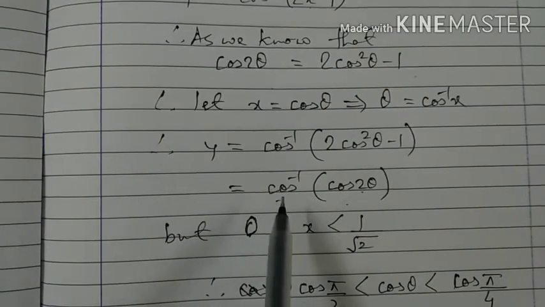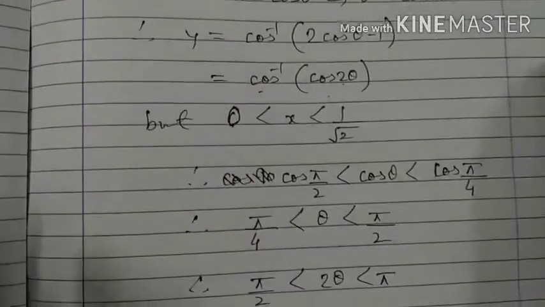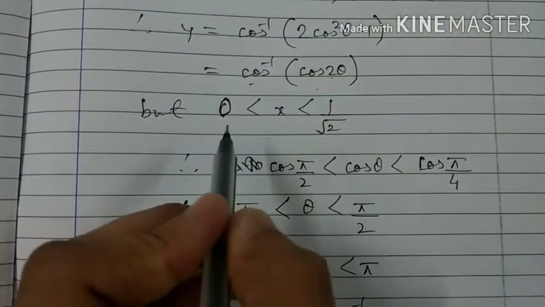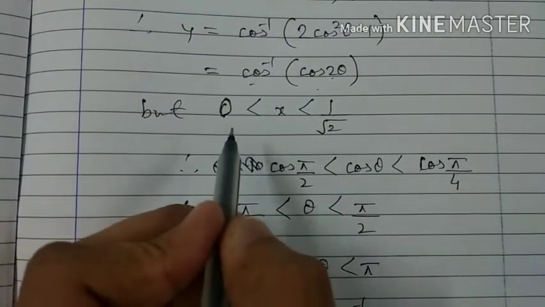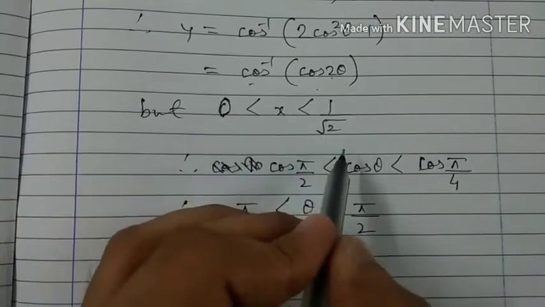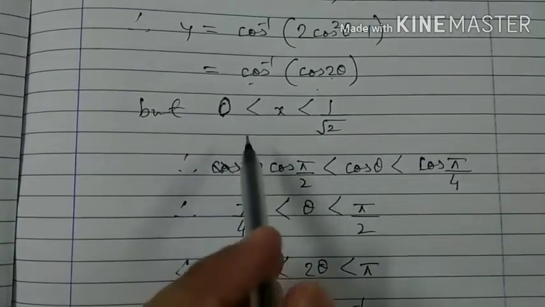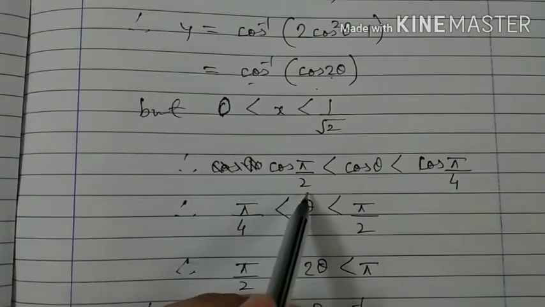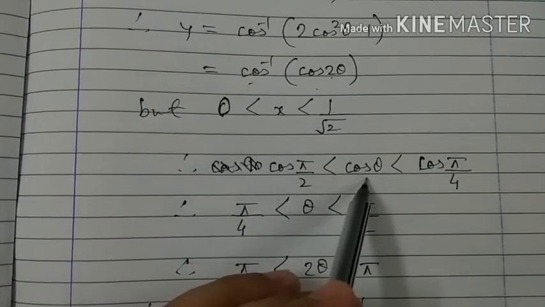Now 2 theta should be in range of cos inverse. So for that we are solving the inequality. The given range was 0 less than x less than 1 by root 2. Now writing in terms of cos, for 0 we will write cos 90 because cos 90 equal to 0. Then x equal to cos theta.